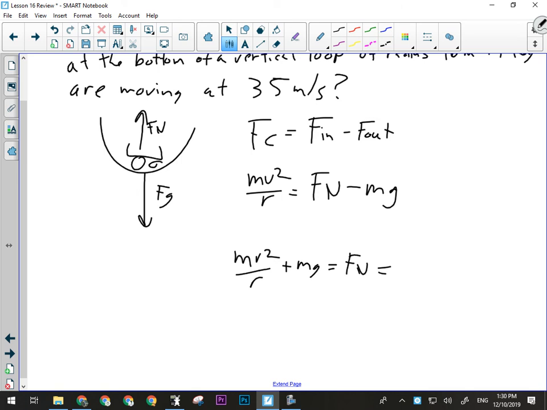Okay, so that'll be 65 times 35 squared divided by 16. So that's our speed and that's our radius, plus 65 times 9.81.